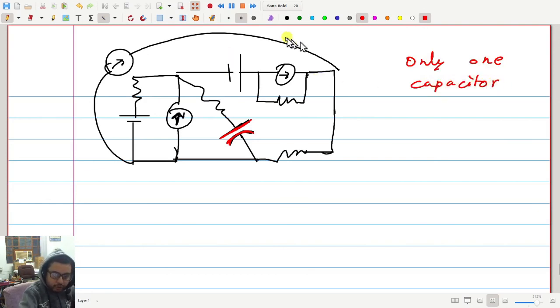There may be one or more switches here and there, and maybe you are closing some of them and opening some of them. Then you want to know what happens only to the current and the voltage across this capacitor.